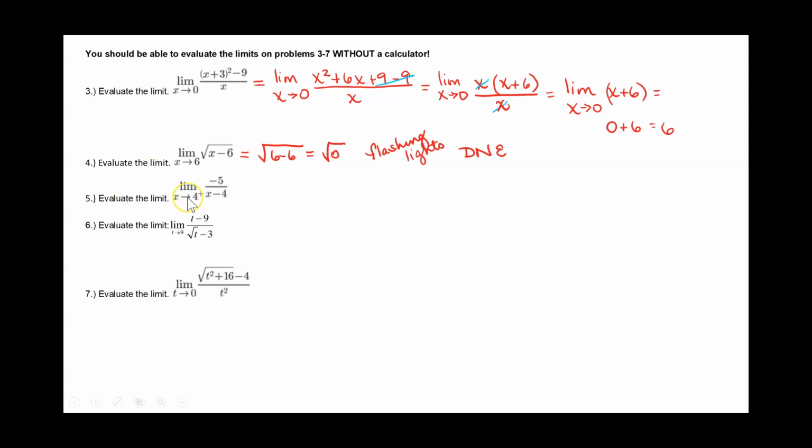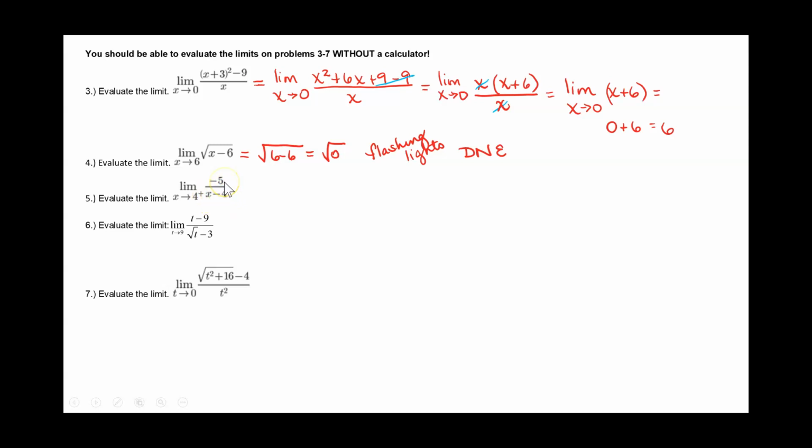Alright, for the next one, we want to use logic here by saying if my numerator is staying the same and my denominator is getting smaller and smaller, my overall fraction is going to be getting larger and larger. So you can see if we're plugging in 4, we would get 0 in the denominator, but if we think about, okay, what if I plug in 4.1, 4.01, 4.001, that denominator is going to get smaller and smaller.